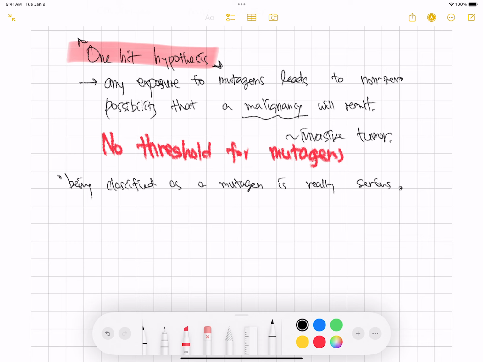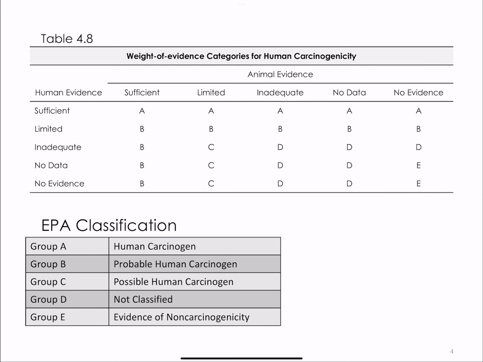So the people who do the risk assessments take extra care to classify a chemical as a carcinogen or not. For example, there is a table that researchers use to decide whether a certain chemical is a carcinogen.